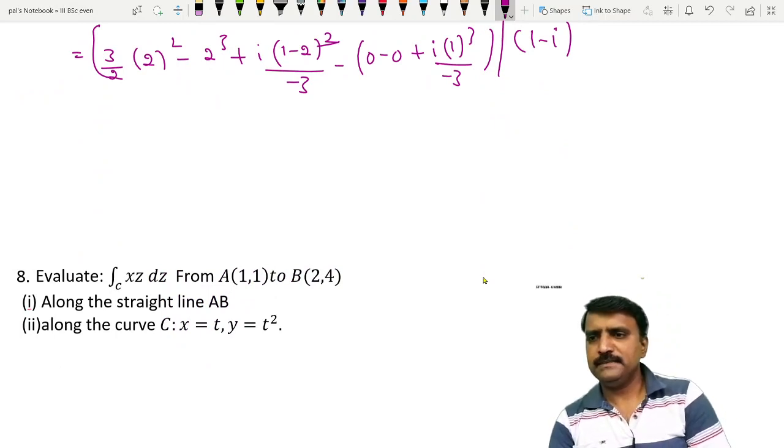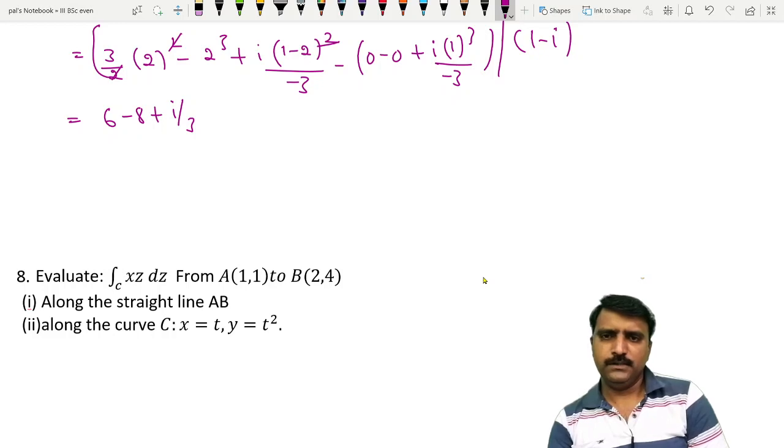One of the two cancels here. Remaining here, 3 twos are 6 minus 8, and this is actually minus 1 cube, that is minus, plus i divided by 3, and also here it is minus i by 3, minus of minus plus i by 3.